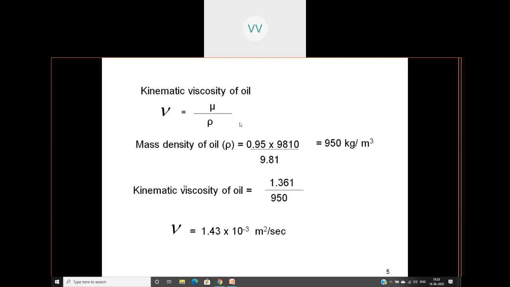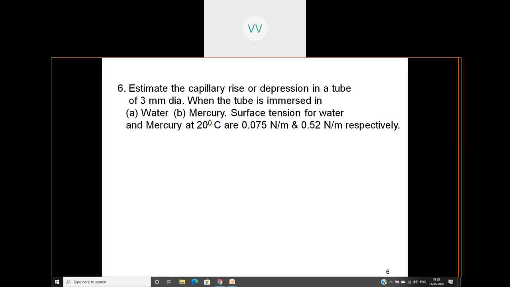So just go home and verify all these values which have been given to you. So this way we have to solve problems on shear stress and viscosity. So let us see another problem on capillary rise.